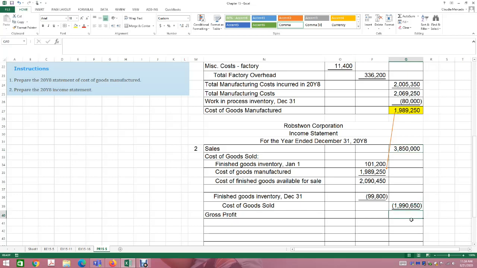We're going to subtract those. So your gross profit is 1,859,350. It's 3,850,000 minus the 1,990,650 gives you 1,859,350. Okay, so that is your gross profit.